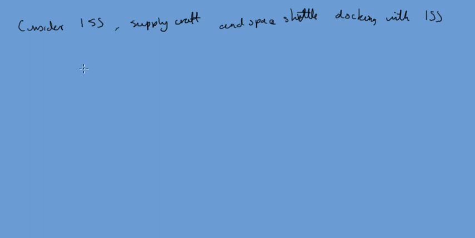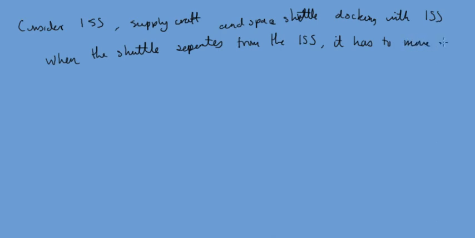When the shuttle separated from the ISS, the shuttle and the ISS have to connect together so that this transfer can happen, and then it has to separate off. When the shuttle separates from the International Space Station in order to return to Earth, it has to move a mass of 1 times 10 to the power 5 kilograms safely away.